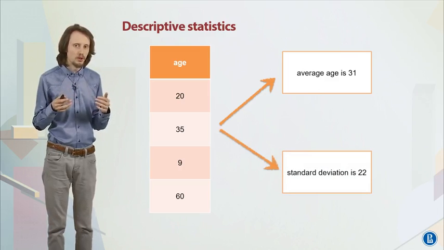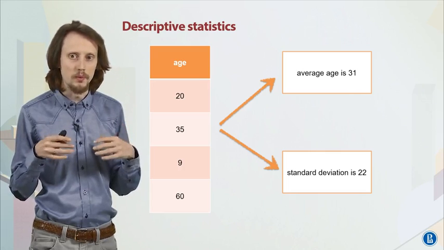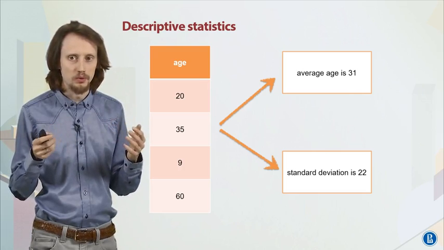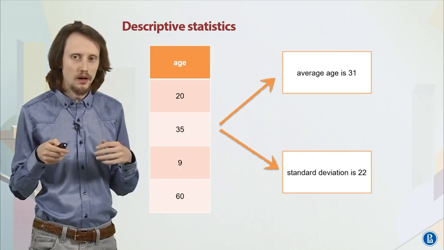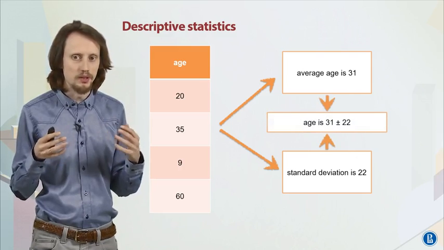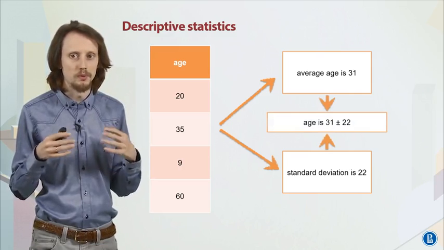To answer this question, we can use another descriptive statistic, the so-called standard deviation. We can find the standard deviation by formulas that we will discuss and get that it is 22. After that, we can report, for example, that the age of our participants is 31 plus or minus 22.